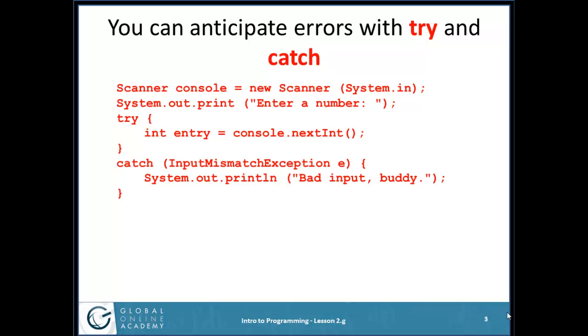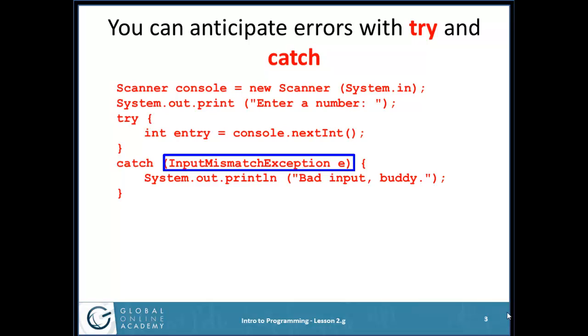Now, what do we have here inside the catch block? Catch has a clause inside parentheses. It's the name of the exception, input mismatch exception, then a variable that you're going to give it. I just used the letter E for exception. I could use any valid variable name here. I could call it E, I could call it F, I could call it my silly input mismatch exception, whatever I want to call it.